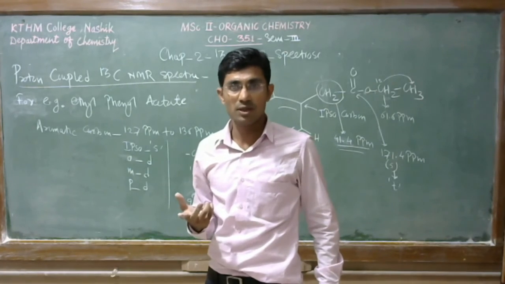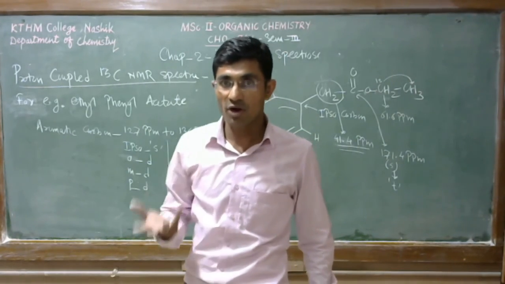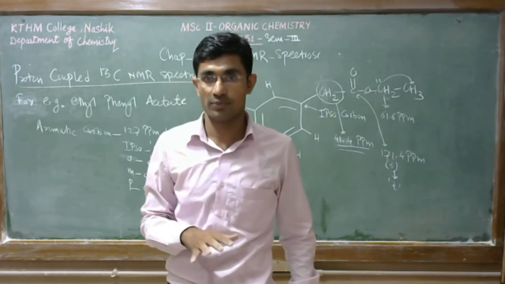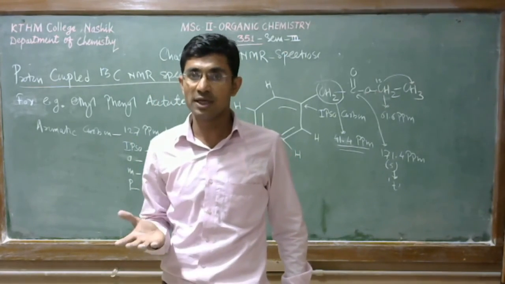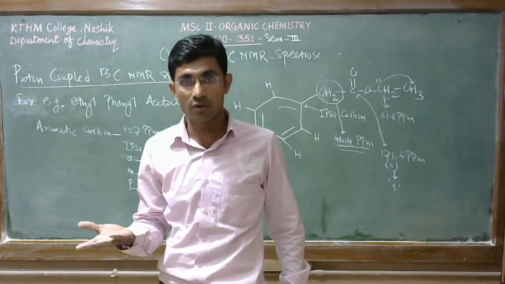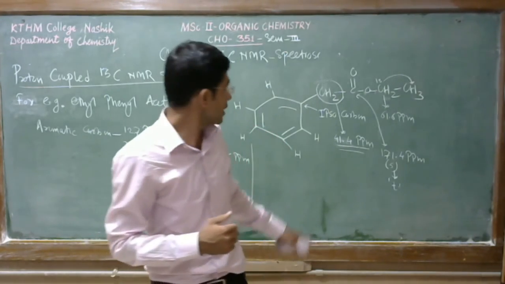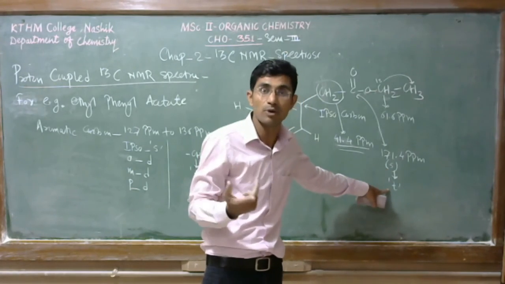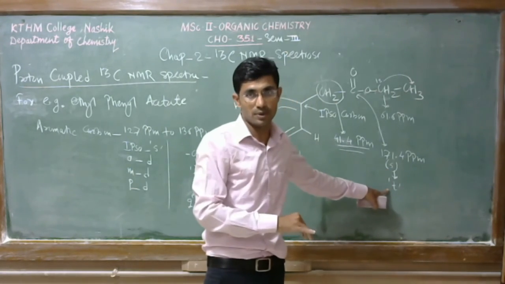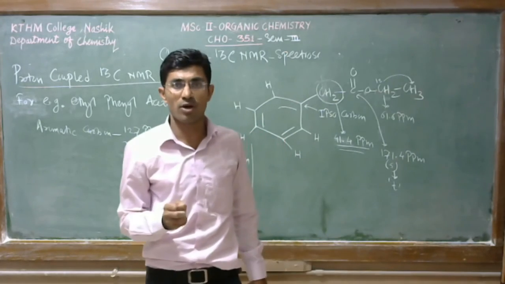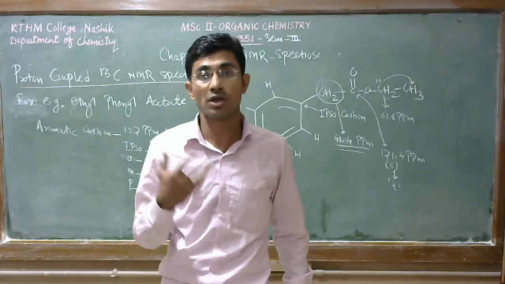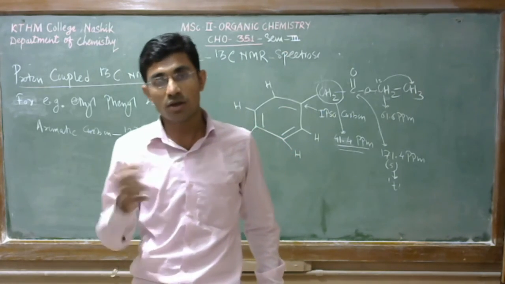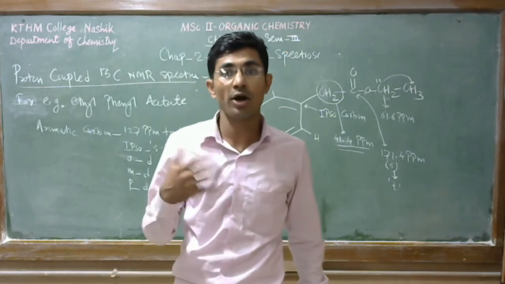We do not get the correct information about the protons attached to the carbons. The degree of splitting, no doubt, we can apply the n+1 rule here, but for the carbonyl we expect a singlet, and it is a triplet because of the adjacent CH2 group. So we do not get proper information about the protons attached to the carbons, and our spectra become quite complex.